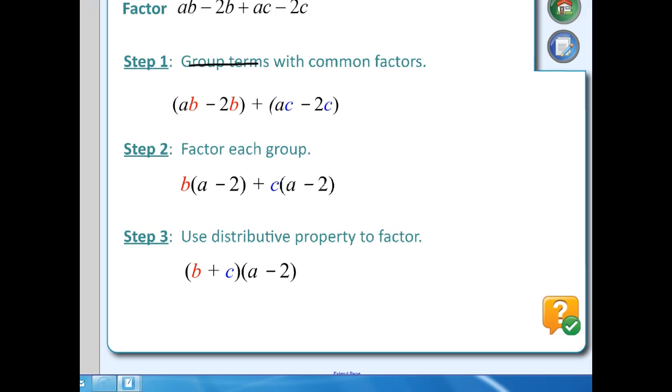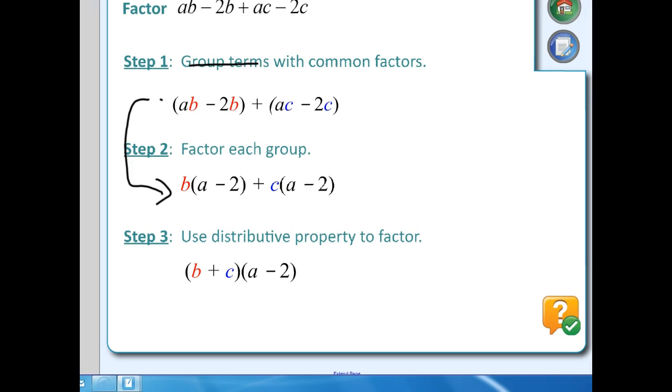Now, if you notice, and it almost always happens this way, the first two terms are going to group together because they have a common factor in red, and the back two terms usually group together because they have a common factor in blue. And so if you notice from step 1 to step 2, I factored out my common factor in the first pair, which was B, and then that left me with A minus 2.